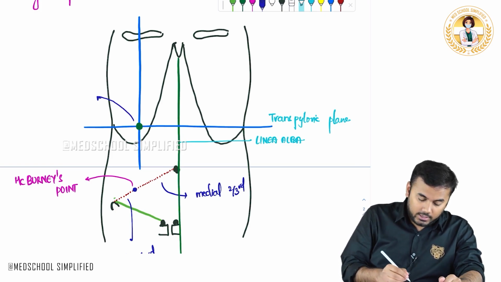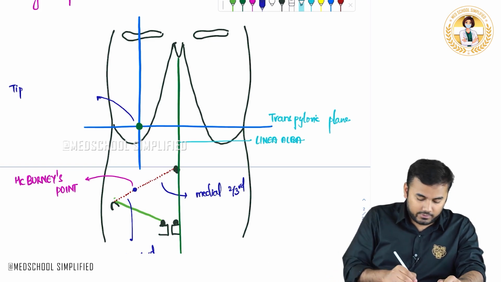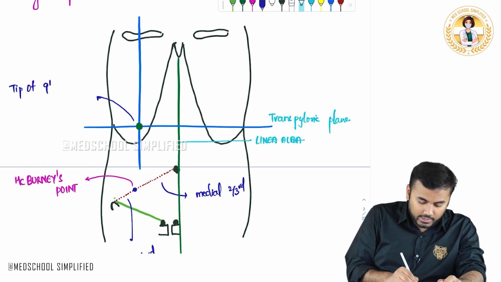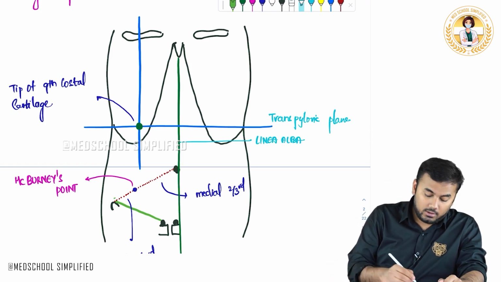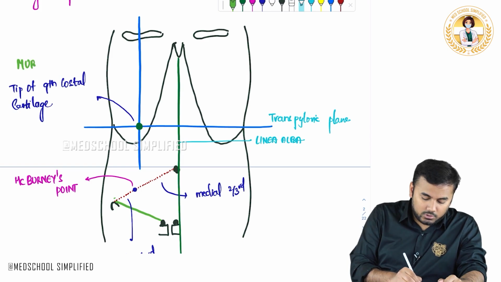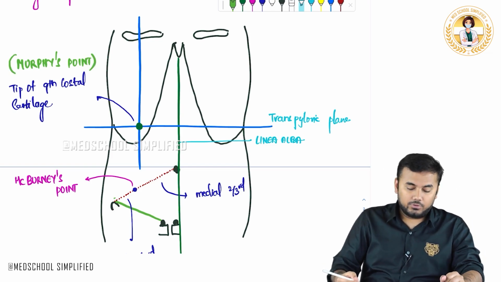This is the tip of the 9th costal cartilage, and this point is also called your Murphy's point. Okay. What is this point called? Murphy's point. This point over here is called your Murphy's point.